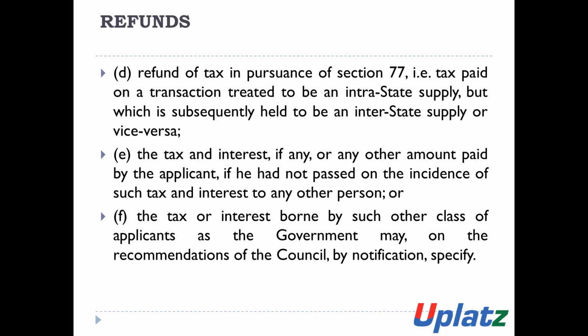If he has not passed on the incidence of such tax or interest to any other person, that is, when there is any amount of tax or interest and the burden of such tax and interest is not passed by such person to any other person, then if it is satisfied, the amount of such refund will be transferred to the applicant's account and it will not be transferred to the consumer welfare account.